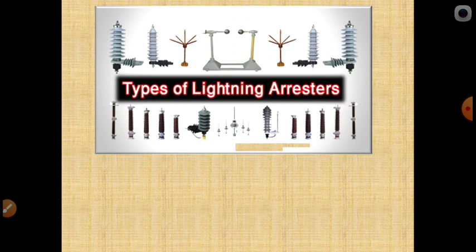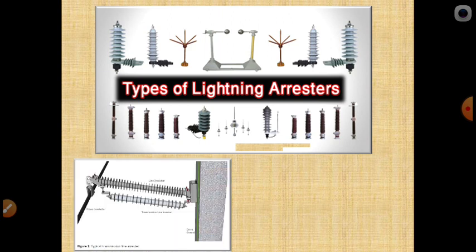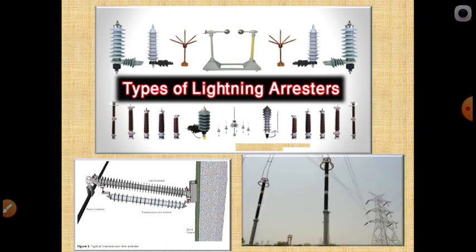Also you can see the different ones here. Now you can see another 400 kV line. How they are using it, you can see here: the top one is the insulator and parallel to it is another lightning arrestor. This is for protection purposes on high voltage 400 kV lines.